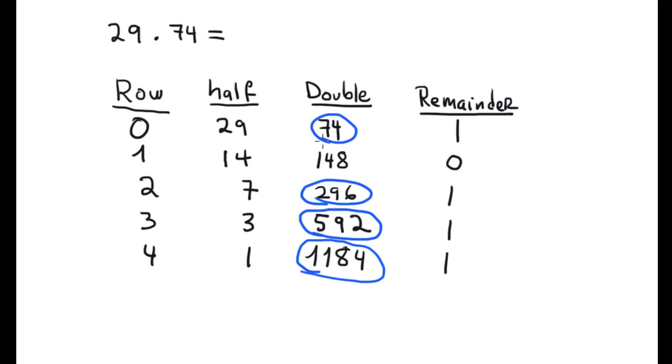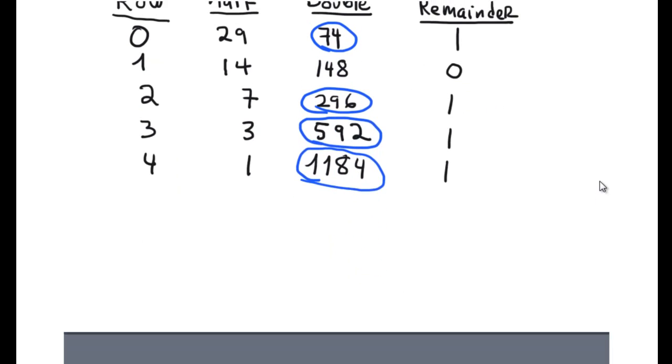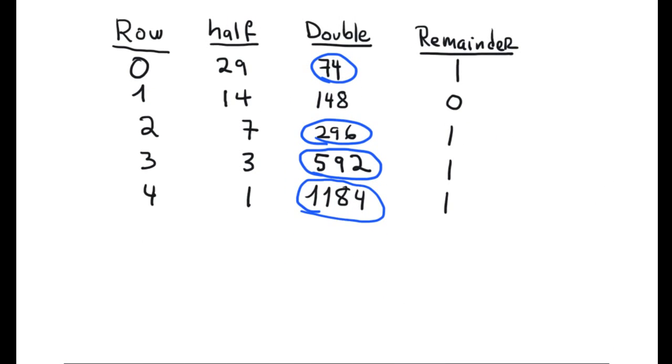Okay, let's do it here. This 1184, you line up 592, 296, and 74, plus.